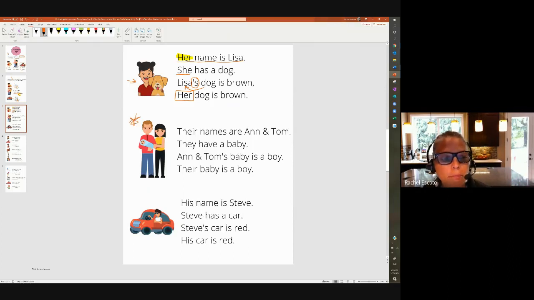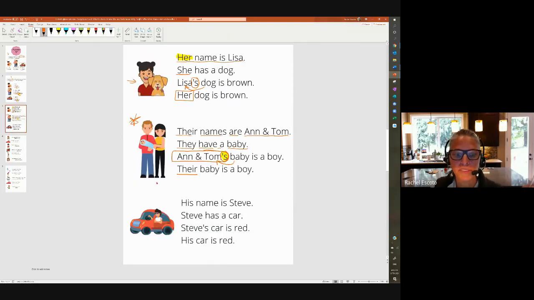So here we have a couple. Their names are Anne and Tom. They have a baby. Anne and Tom's baby, this means the baby that belongs to Anne and Tom. Anne and Tom's baby is a boy. Their baby is a boy.